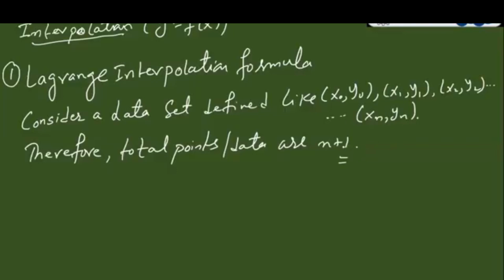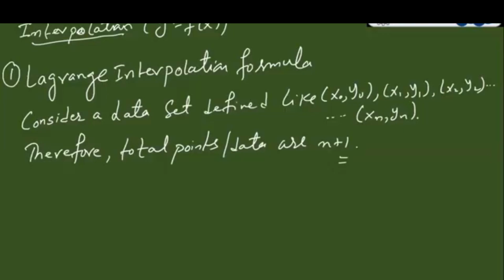Now we need to define the interpolation based on the Lagrange framework. How does the Lagrange interpolation perform? To do that, let's go for a little thinking problem. We have to think how Lagrange will define the interpolation technique.